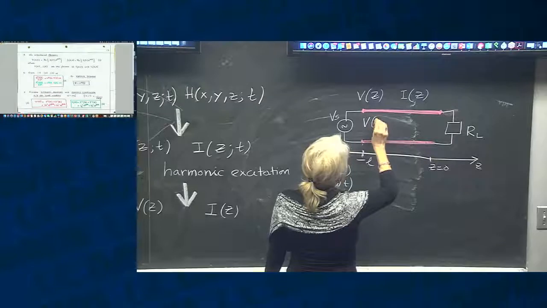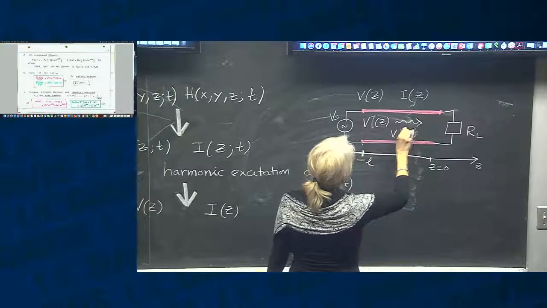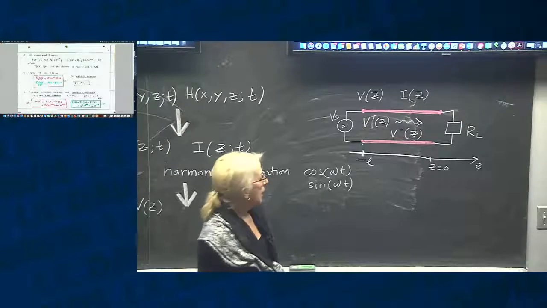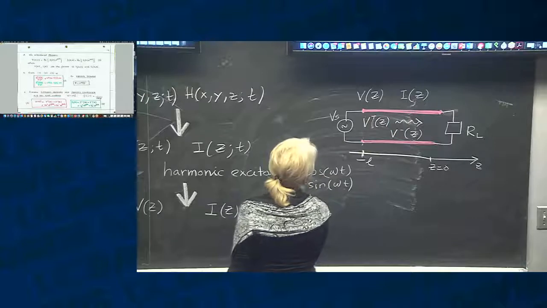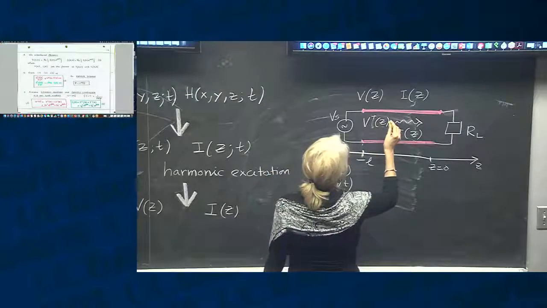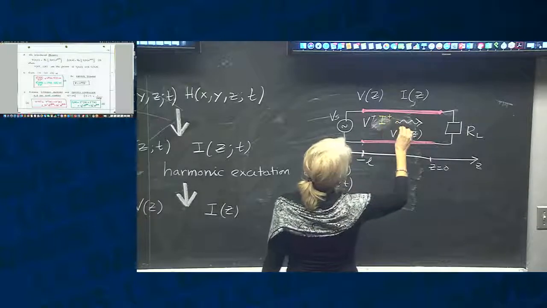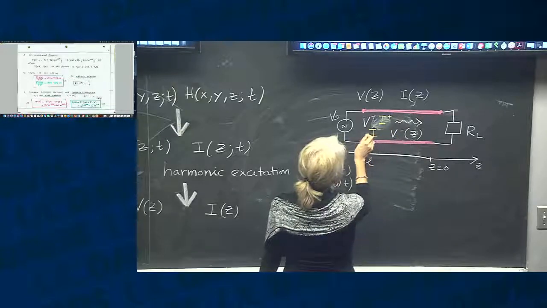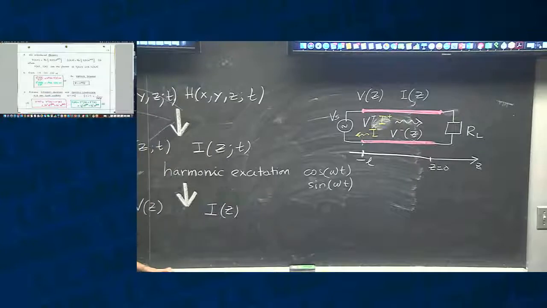V of Z can be either a V plus of Z or a V minus of Z, or any combination of these two. And the same thing with I. I can be, and I will remove the Z here, an I plus of Z going this way, or an I minus of Z going this way, or any combination of the two.